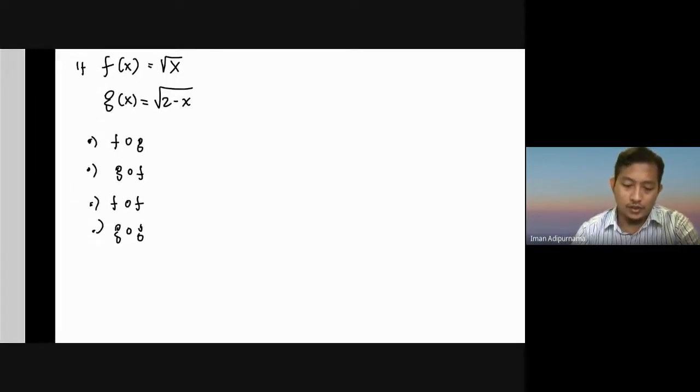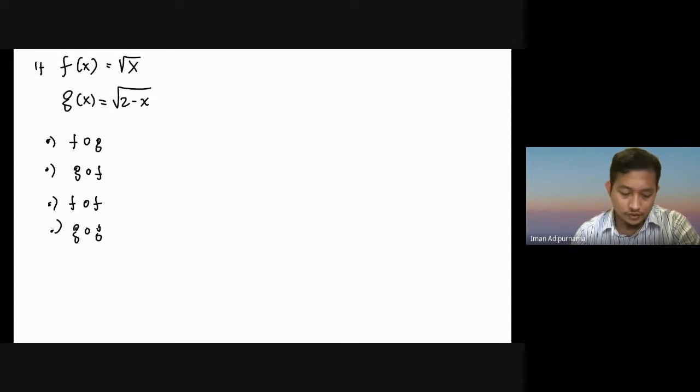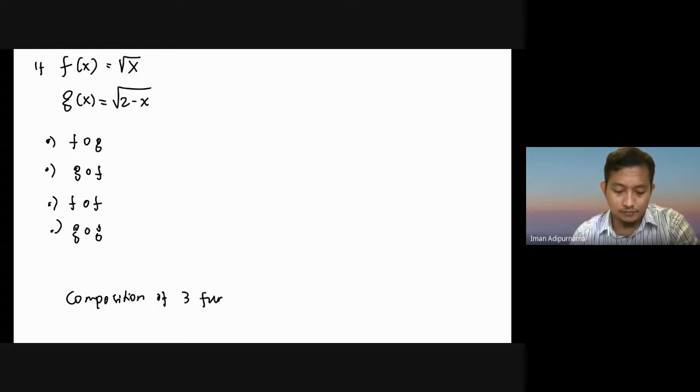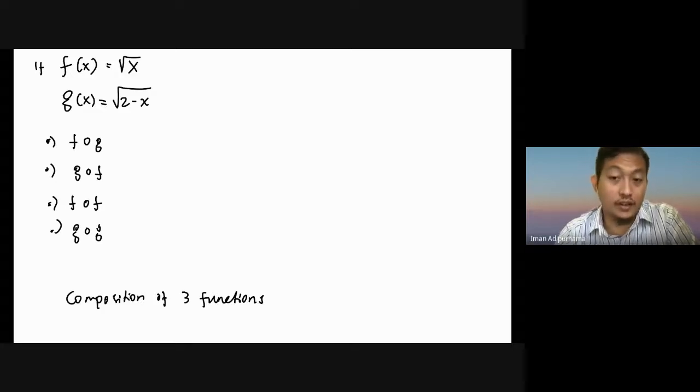And you can also have a composition of more than two, let's say three. You can have five, six, depending on the case, but usually two or three for our quiz in basic math.